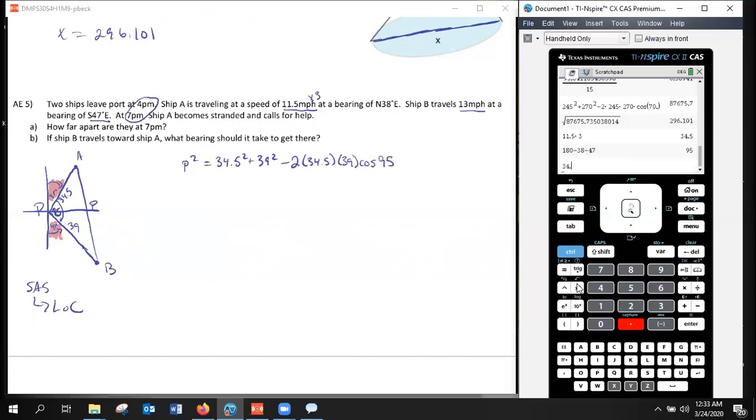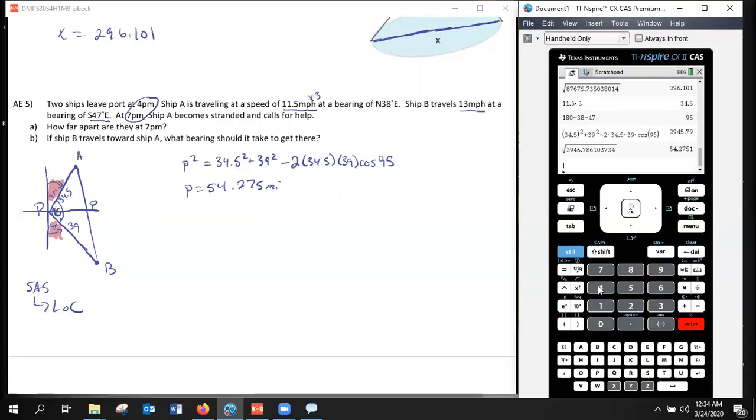Throw this all into the calculator: 34.5 squared plus 39 squared minus 2 times 34.5 times 39, and then cosine of the included angle, which is 95. So that would be P squared. So let's take the square root of that answer. So P ends up being 54.275 miles.